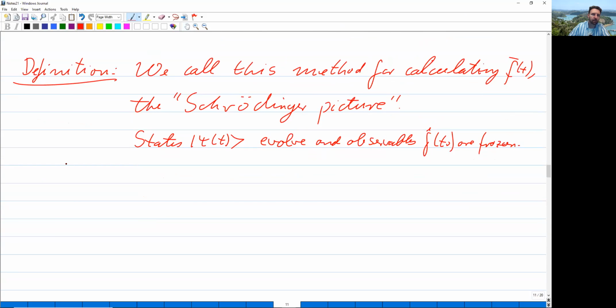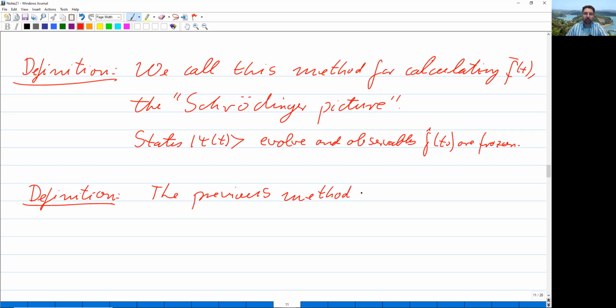Definition: the previous method, the method that we used all throughout this course so far, is called the Heisenberg picture.